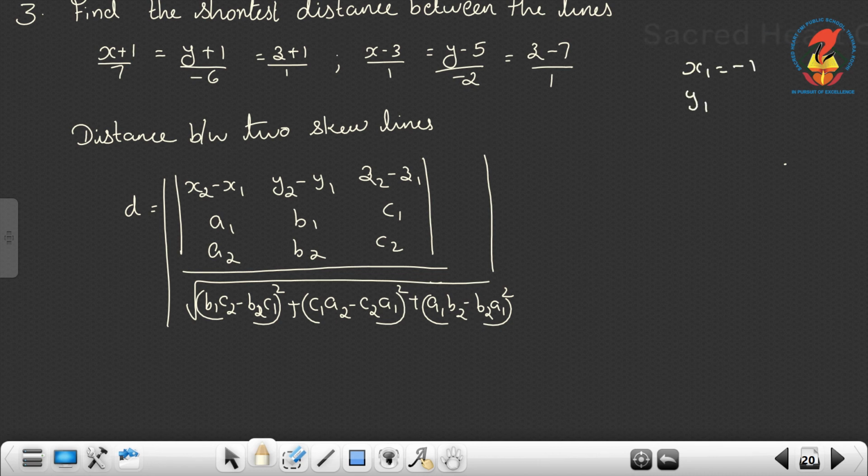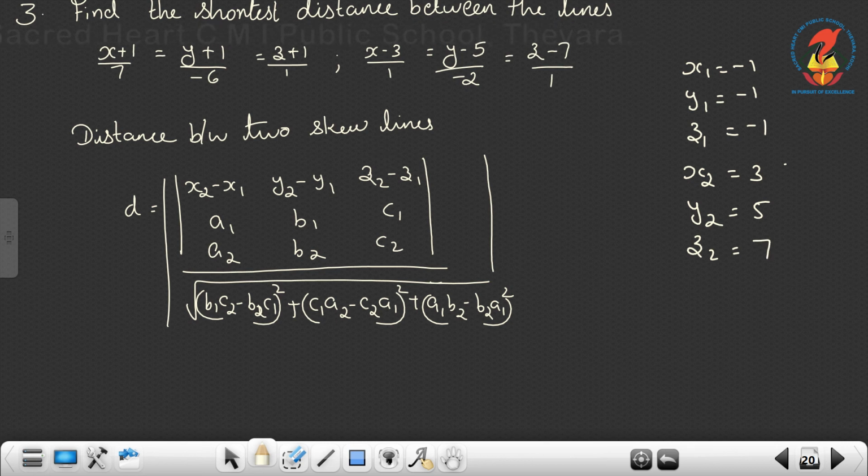What is y1? Again minus 1. Z1 also minus 1. Then x2 is 3, y2 is 5, and z2 is 7. Now a1, b1, c1, that is in the denominator. a1 is 7, b1 is minus 6, c1 is 1, then a2 is 1, b2 is minus 2, and c2 is 1.